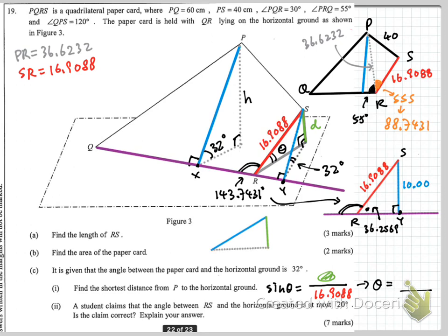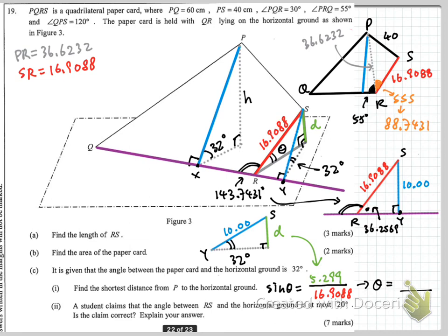So this is S, this is Y, and that is the length D. We know that this angle is 32 degrees. If the blue line is about 10.00, we obtain D. According to my calculation, D is about 5.299.